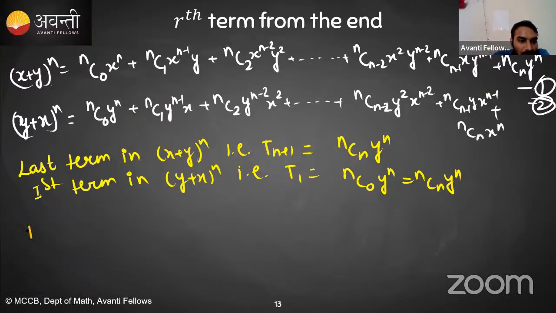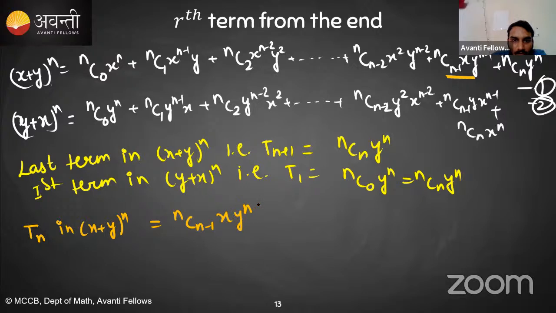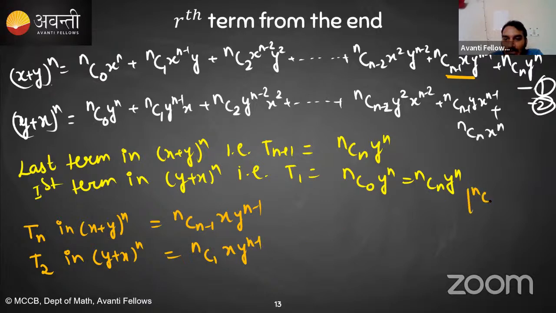If I ask you for Tn, the second last term in the expansion of (x + y)^n, it is nC(n-1) x y^(n-1). And if I ask you for the second term T2 in the expansion of (y + x)^n, it is nC1 x y^(n-1), and everybody knows that nCr is equal to nC(n-r), so I can write it as nC(n-1) x y^(n-1). Is that clear?